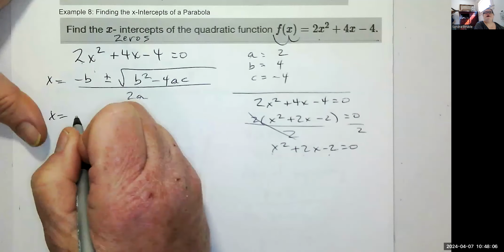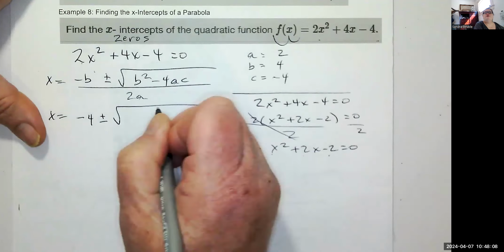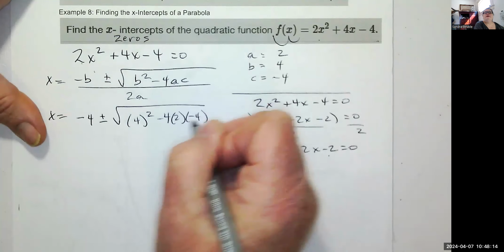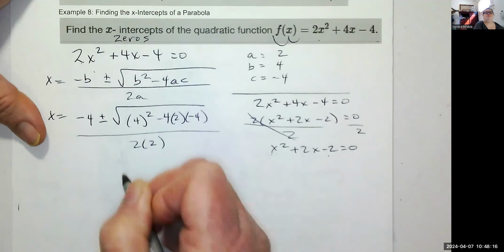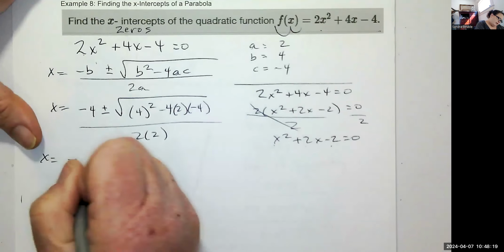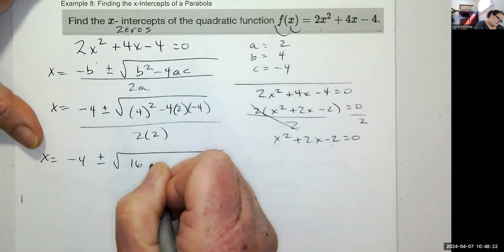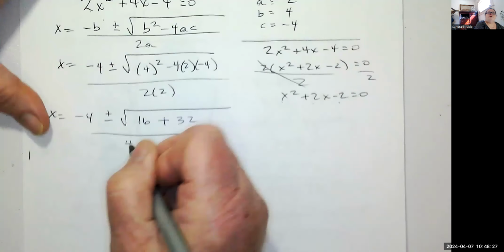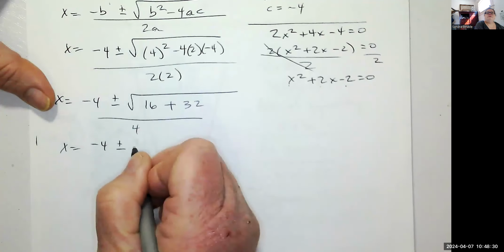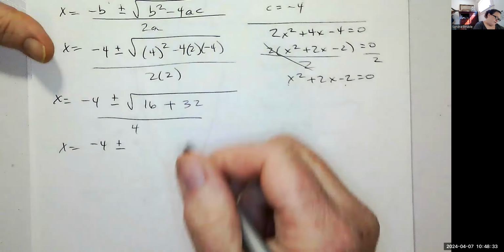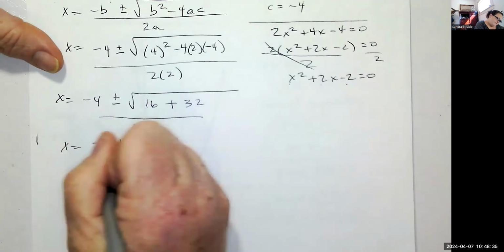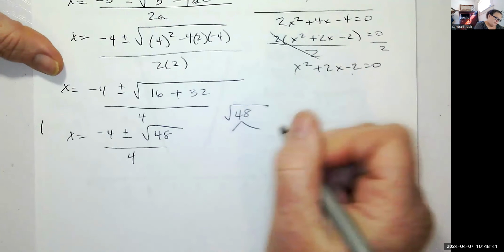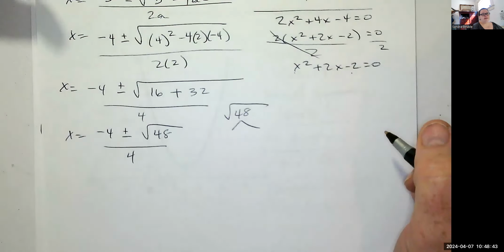Let's do that. So -4 plus or minus the square root of 4 squared minus 4 times a times c, and all of that's over 2 times 2. All right, so x equals -4 plus or minus the square root of 16 plus 16 times 2 is 32, all of that over 4. 16 and 32 is 48. 48 breaks down to what? 16 and 4?